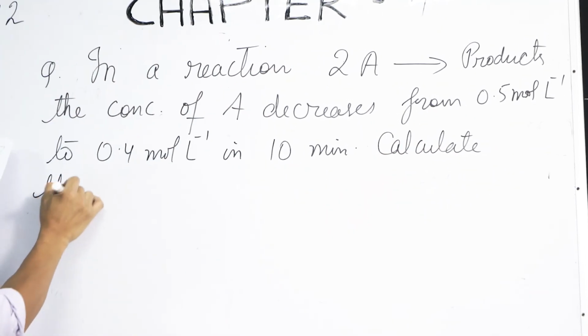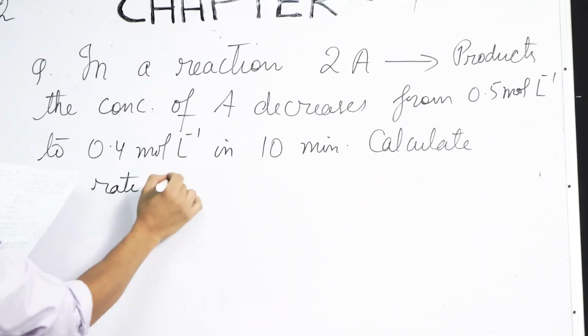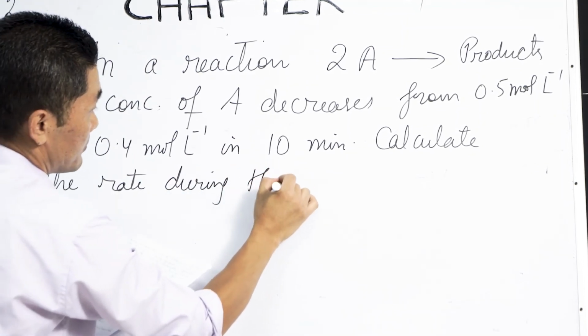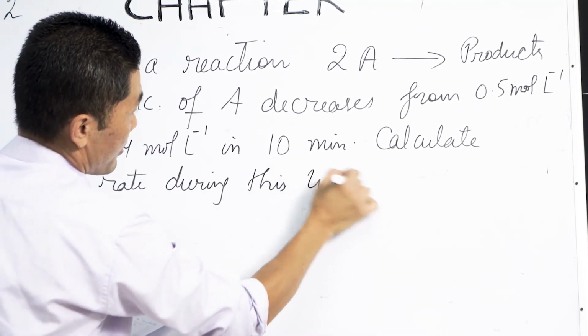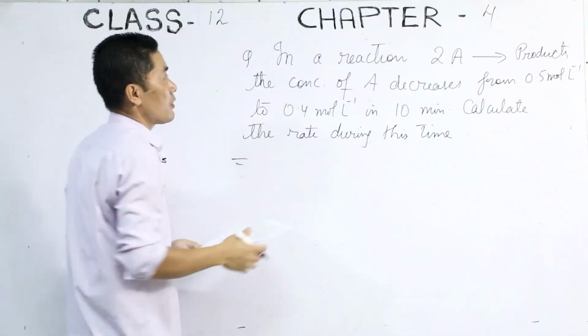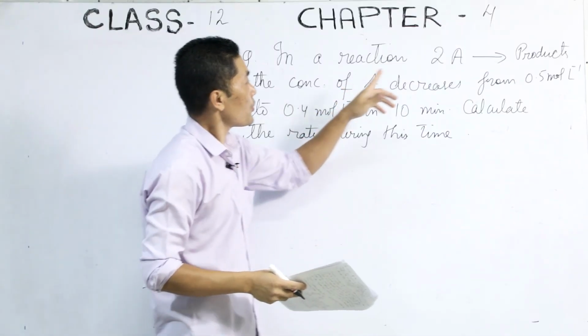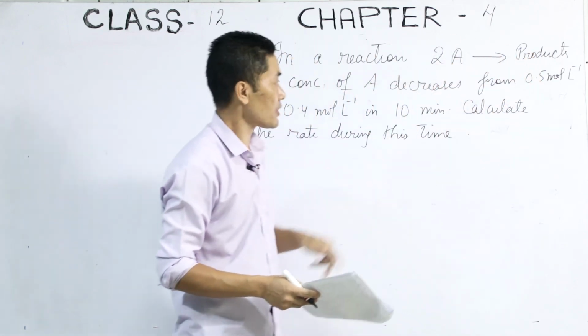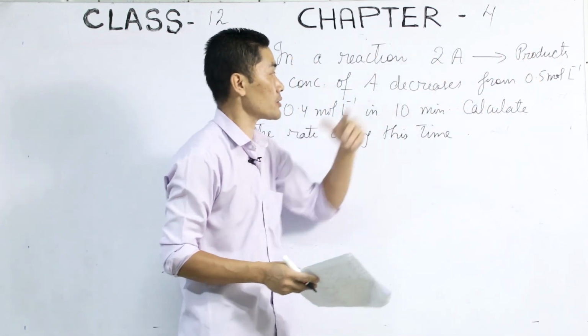Calculate the rate during this time. Here, 2 moles of A give 1 mole of the product. That is what we understand from the given equation.